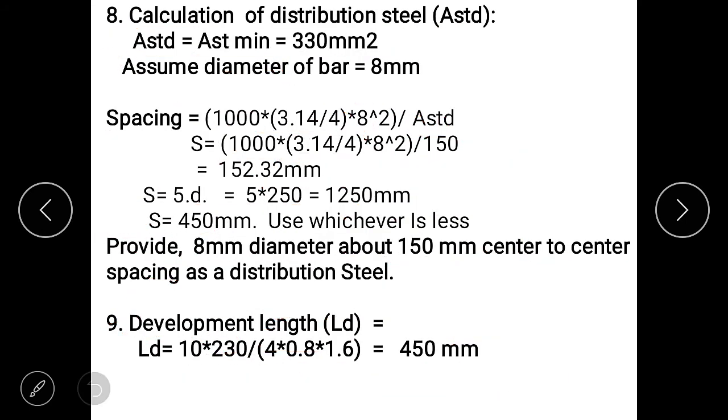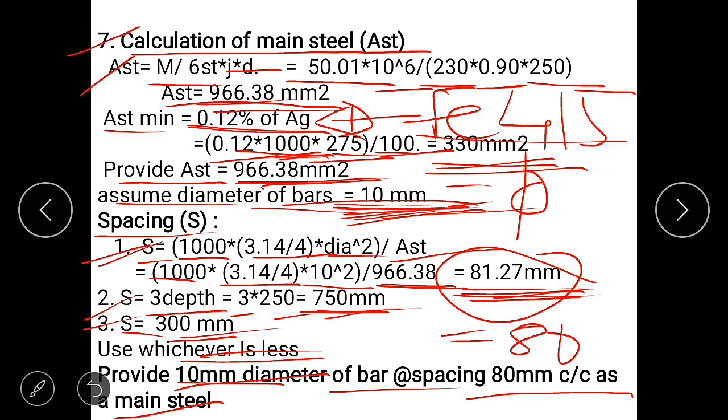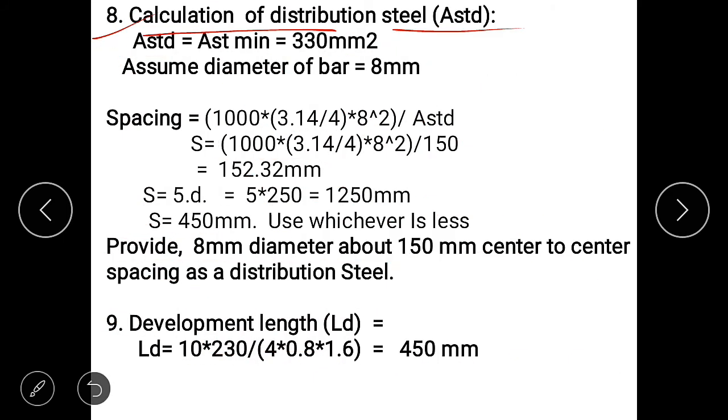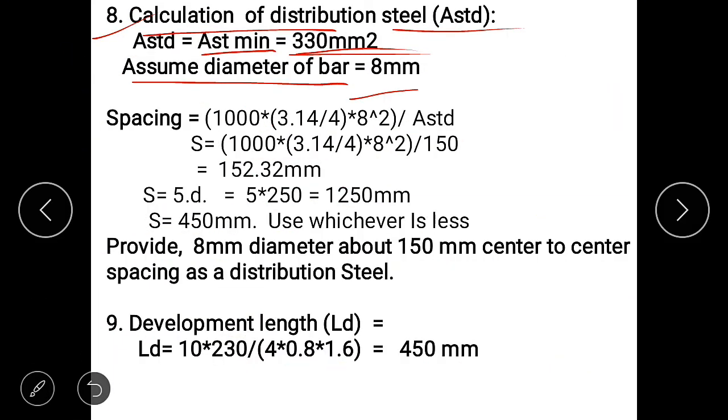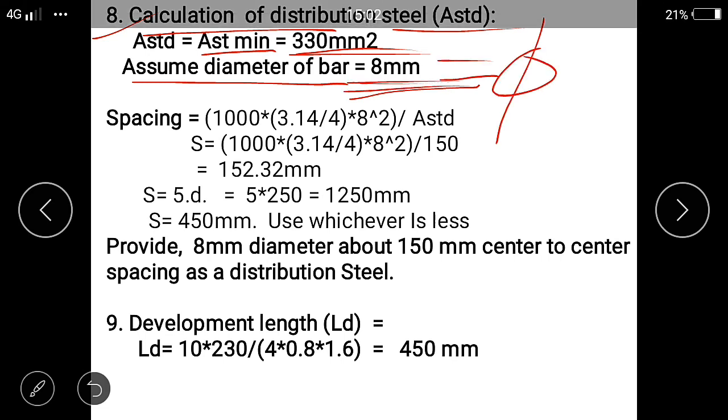Okay, now the 8th step is calculation of distribution steel. We calculated main steel. Now AST minimum we already calculated, so provide distribution steel as AST minimum, which is 330 mm square. For main steel we assumed 10 mm, and for distribution steel we assume diameter of bar is 8 mm.